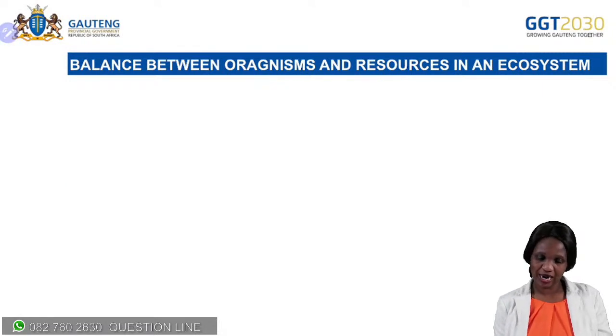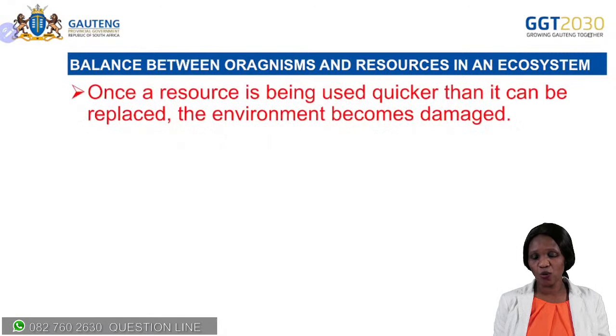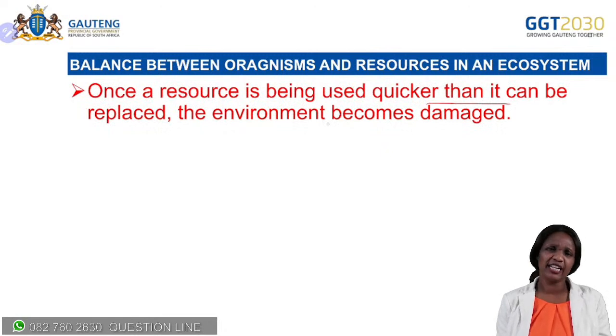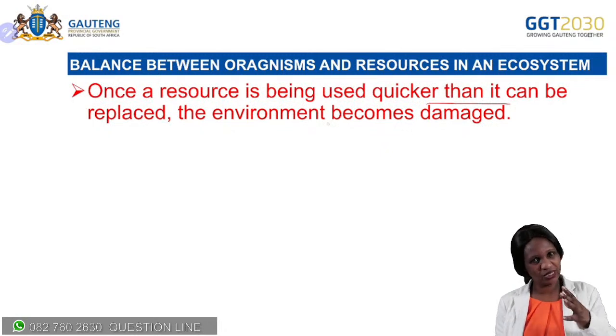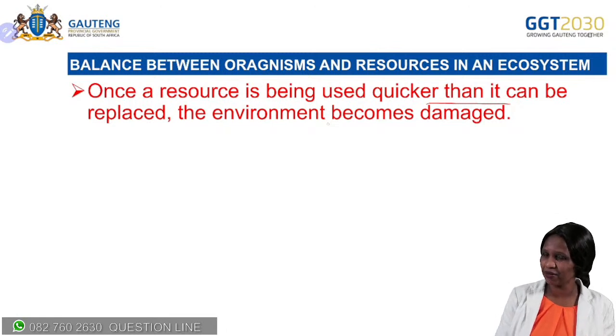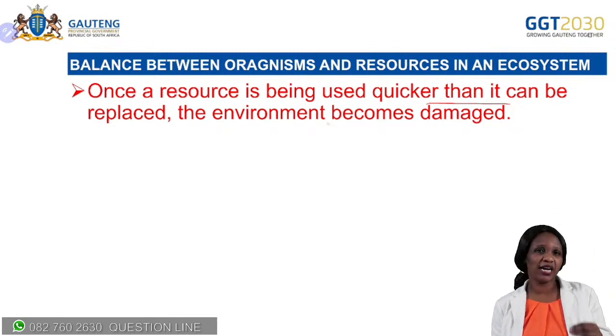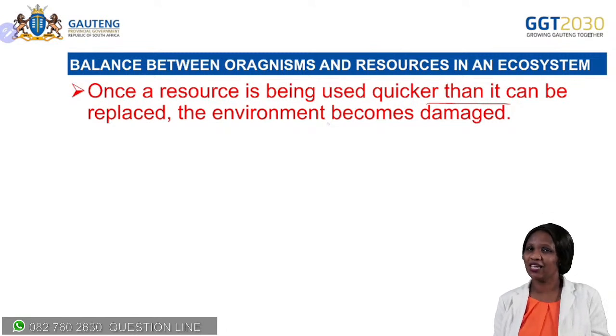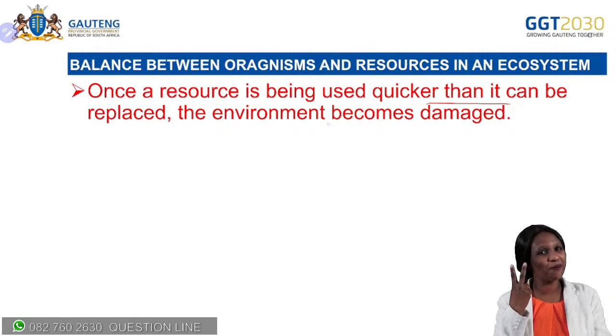It all counts there. And then once a resource is being used quicker than it can be replaced, the environment becomes damaged. That's why during Arbor Day, we always say, you cut one tree, you plant how many?